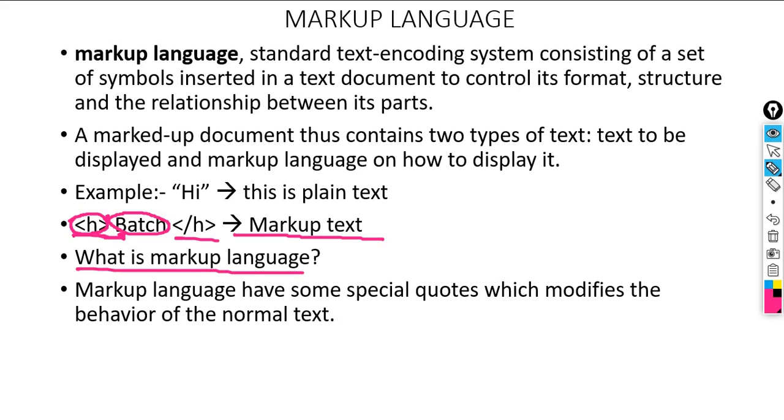Markup language is a language which has some special codes which modifies the behavior of normal text. So let me conclude. Hypertext markup language can be divided in two things: one is hypertext and another one is markup language. What is hypertext?